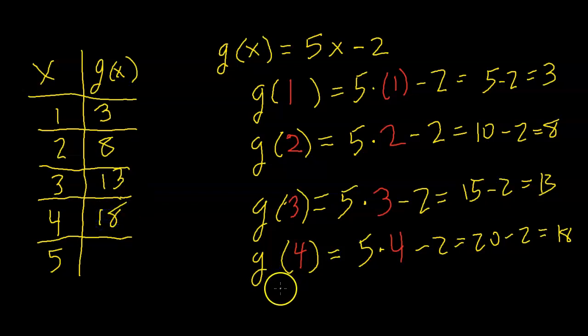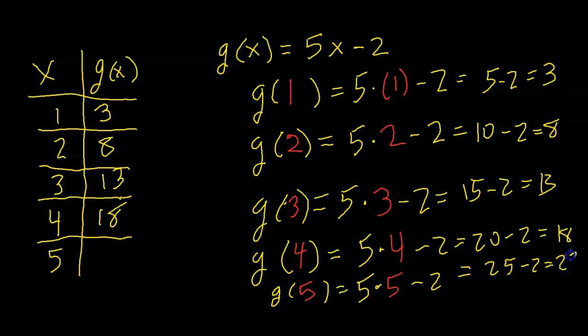And finally, we're going to evaluate g of 5, and we're going to get 5 times 5, right? 5 times 5 minus 2. It's going to be 25 minus 2. That's going to be 23. And that's all there is to this.